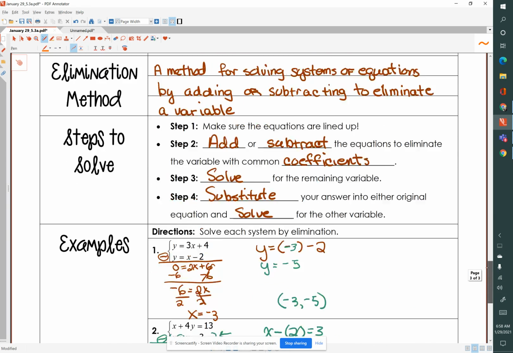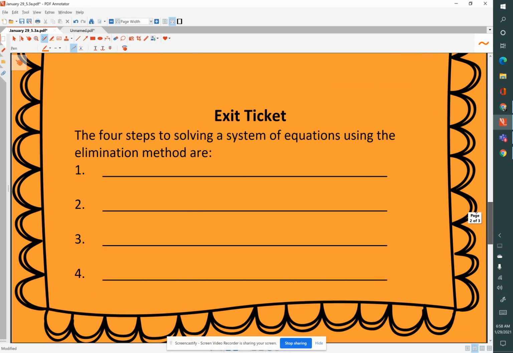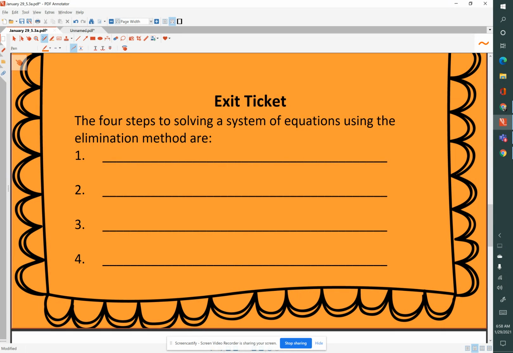So let's review those steps. Make sure the equations are lined up. Oh, that does not show up very well. I need a different color. Super important step. Add or subtract to eliminate the variable with common coefficients.